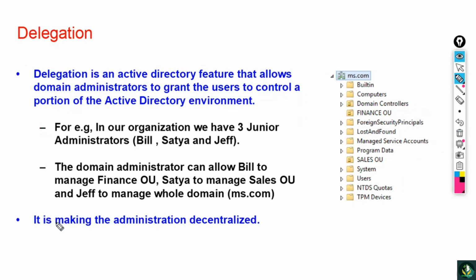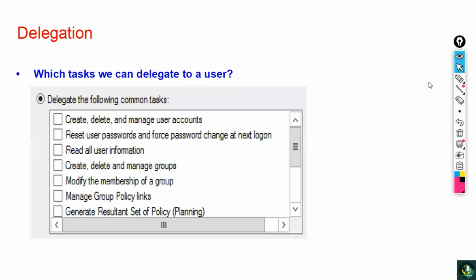Which makes administration decentralized. Previously, the administration was centralized. Centralized means only the administrator was managing the complete domain. Now, we have decentralized the administration with the junior engineers.